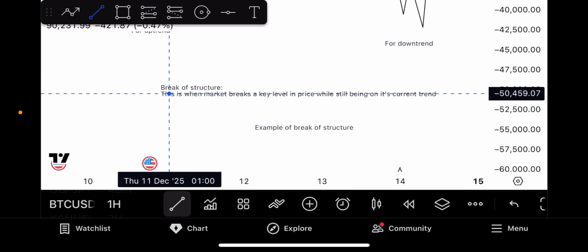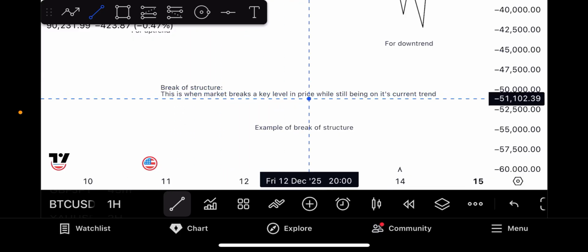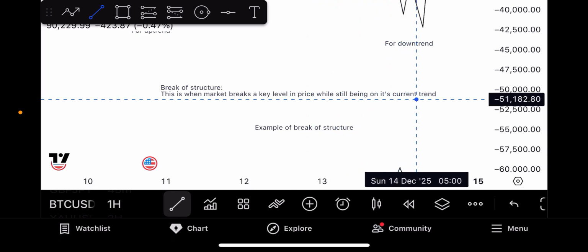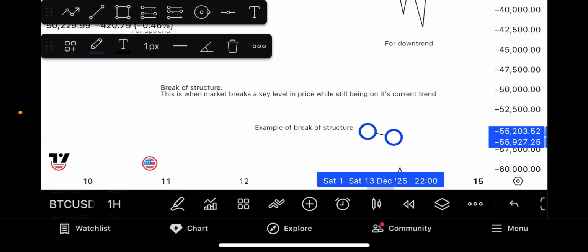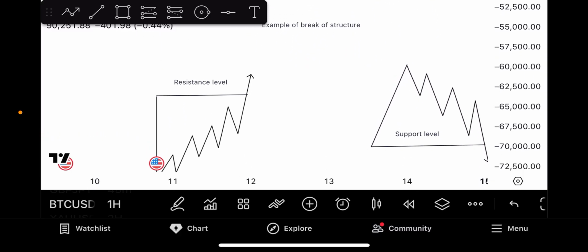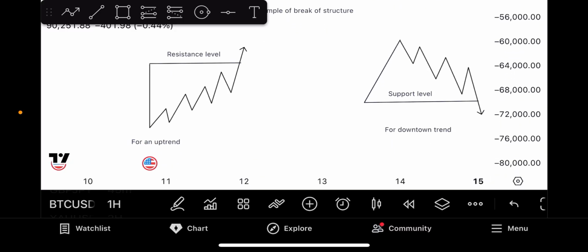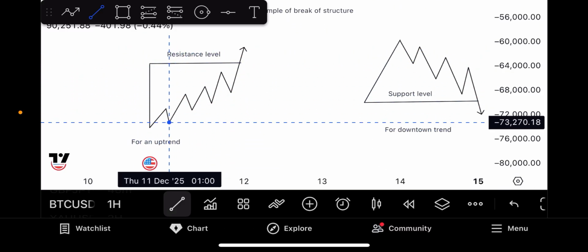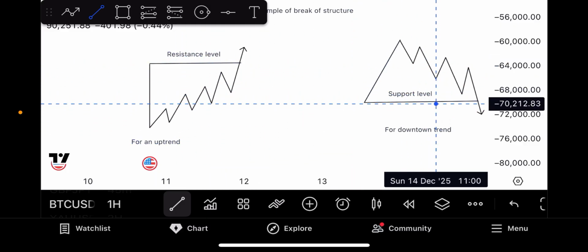Let me say it again. I will show you an example of break of structure for an uptrend and for a downtrend.